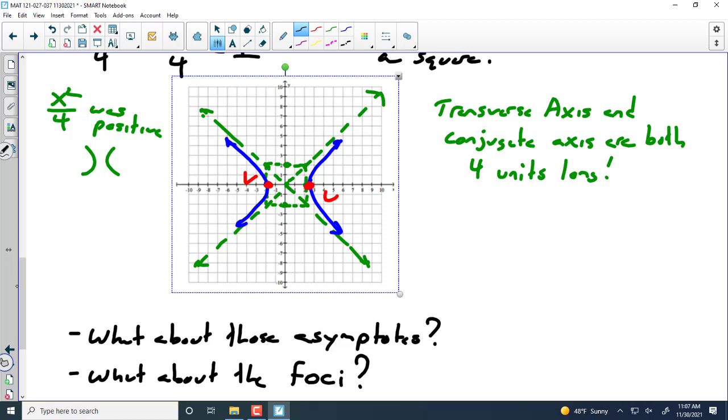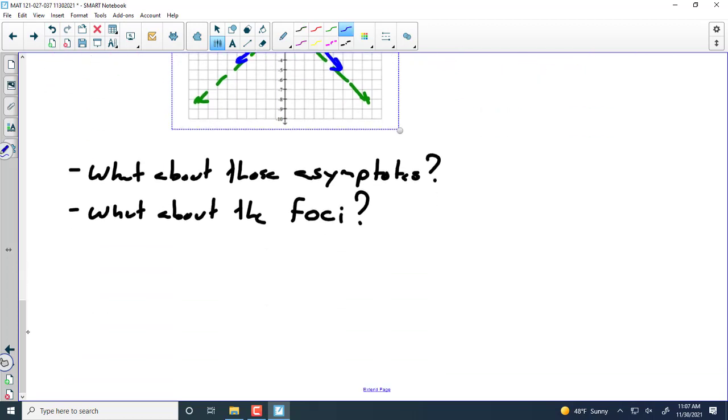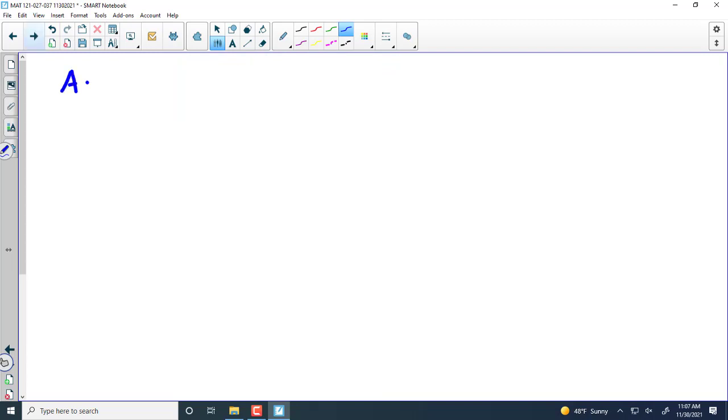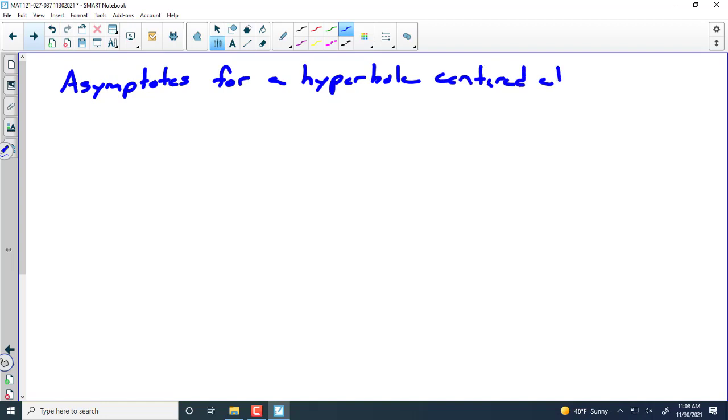All right, let's talk about these asymptotes. Asymptotes for a hyperbola centered at the origin.